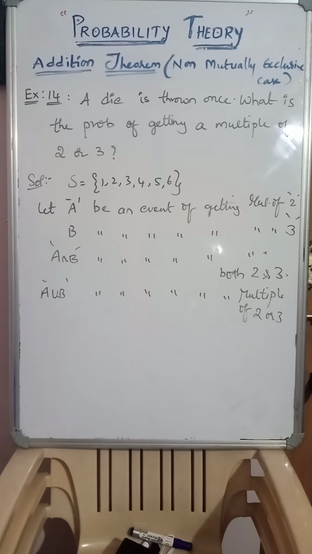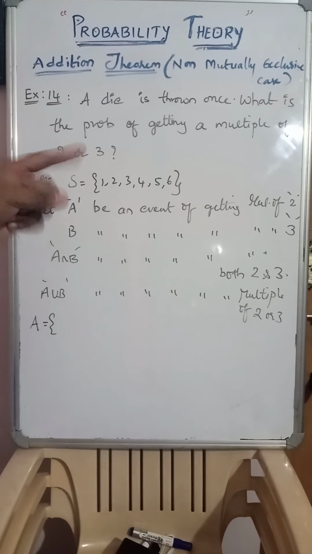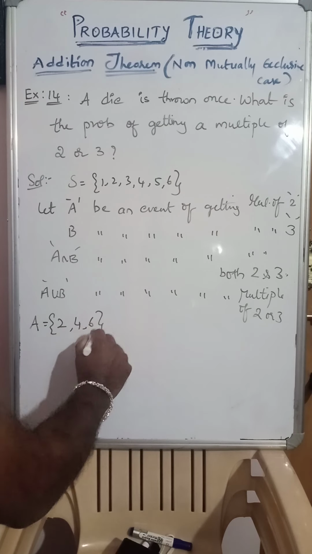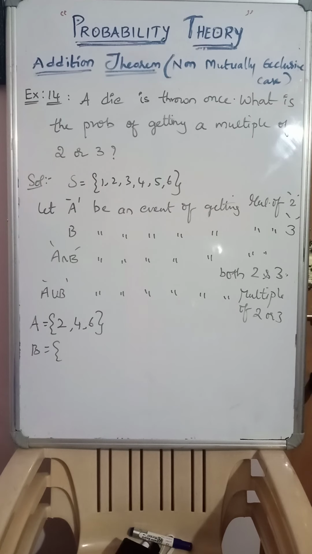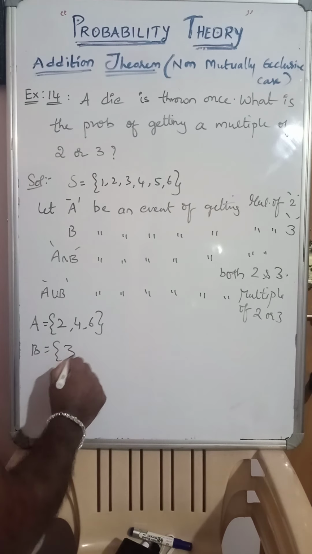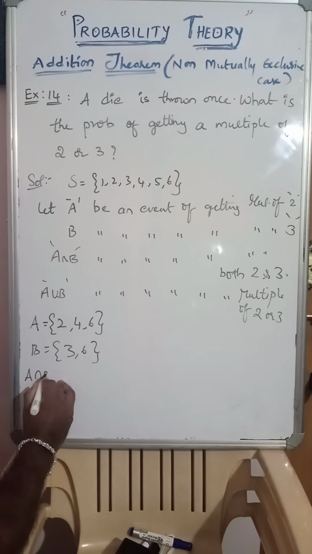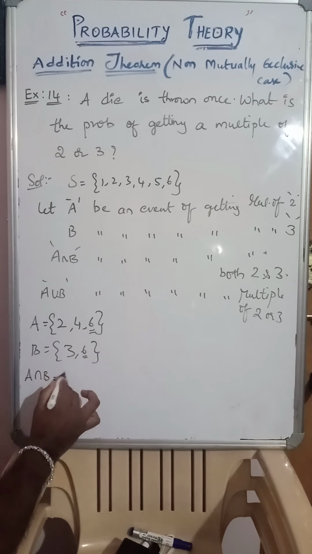Now according to this, write the favorable events. A multiple of 2, from the sample space multiple of 2, who all are there? 2, 4, 6. And B multiple of 3, what all are there? 3, 6. And then intersection part, A intersection B, which is the common element here, 6.